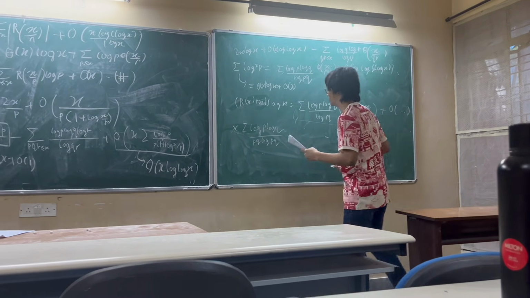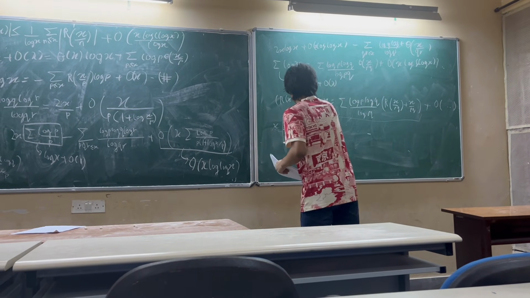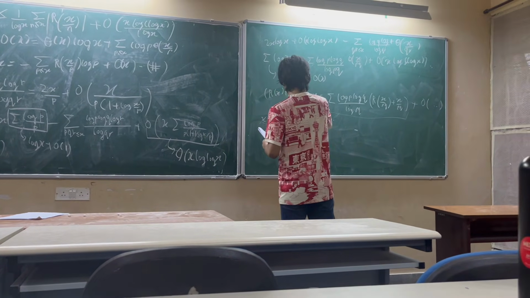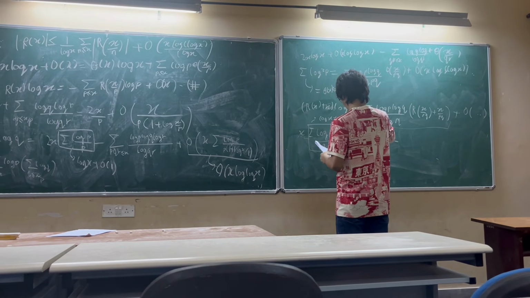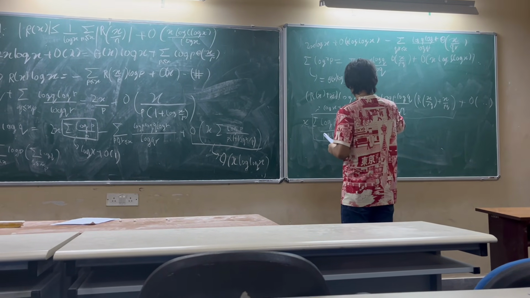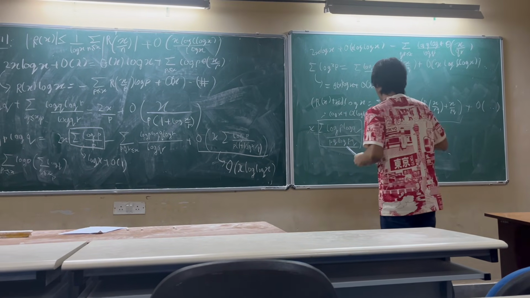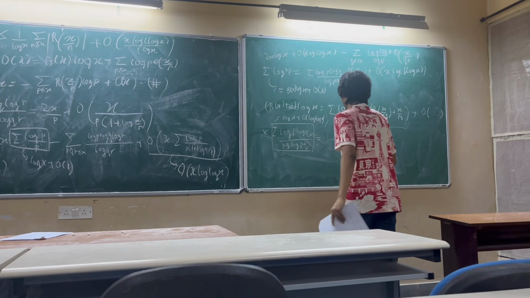So when you do this, you can show that this thing has order log x plus order log x. It's not that difficult because half of it was done when we did Selberg's second formula.